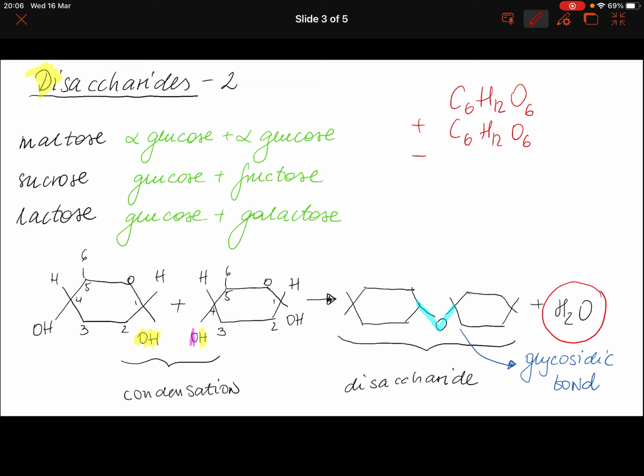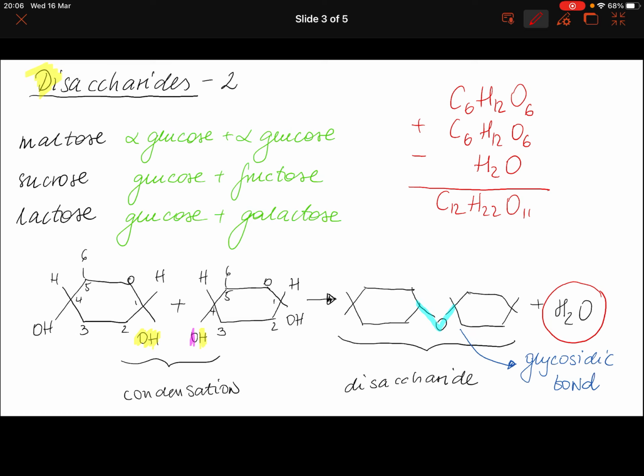However, we removed water as the effect of the condensation reaction. So if we do the maths, we come to the conclusion that the general formula for disaccharides is C12H22O11 if we join two hexoses.